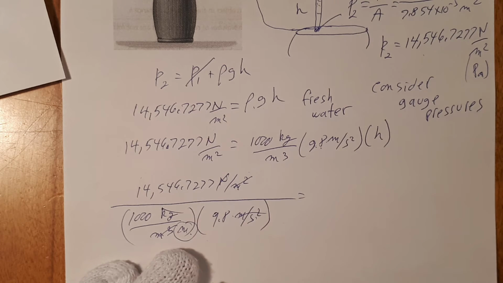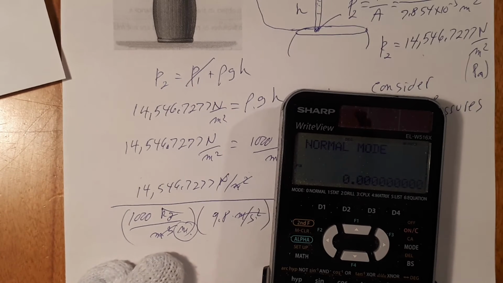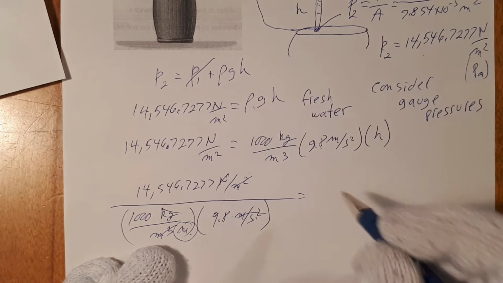Putting this in our calculator, well, let's do that. 14,546.277, divide that by 1,000, divide that by 9.8. The answer is 1.4843 meters.